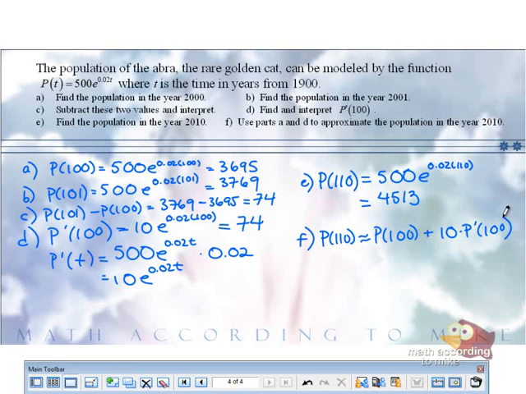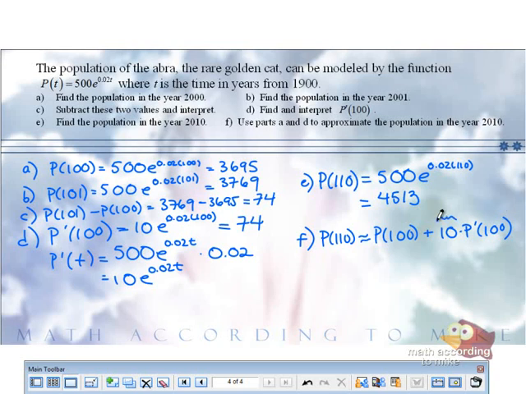So P of 100 is the population in the year 2000. And 10 times P prime of 100 is because that means that rate of growth is growing over the next 10 years. Is that okay? So whatever the difference in years is, that's this number here.